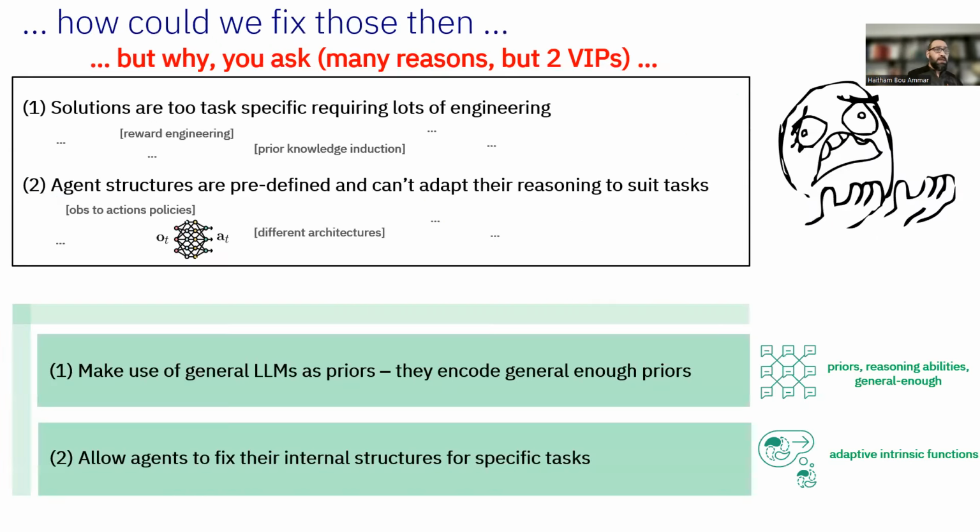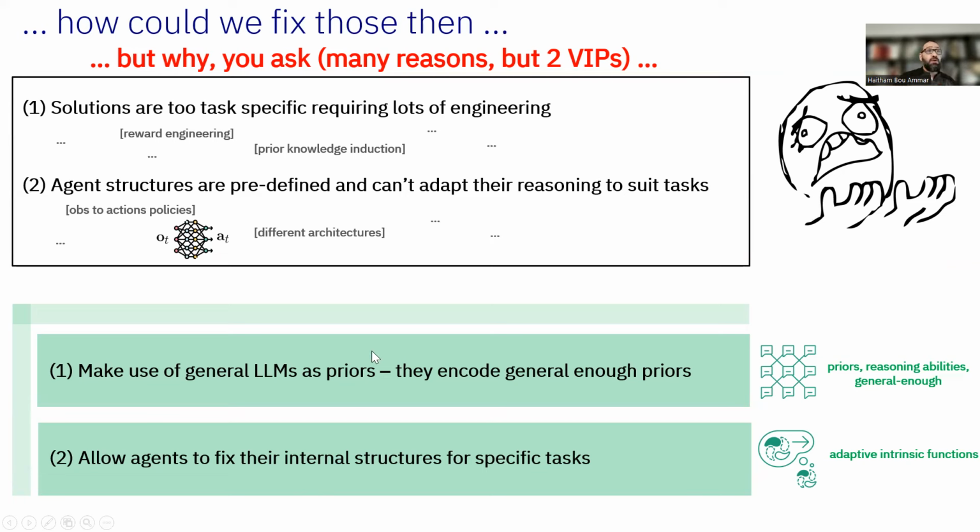So what we've done in this paper was try to remedy these two problems. First, instead of having task-specific priors, we made use of a large language model as a good enough general prior. And instead of having a predefined structure of reasoning for the agent, we allow the agent to fix its internal structure depending on the task, via the introduction of what we call intrinsic functions.